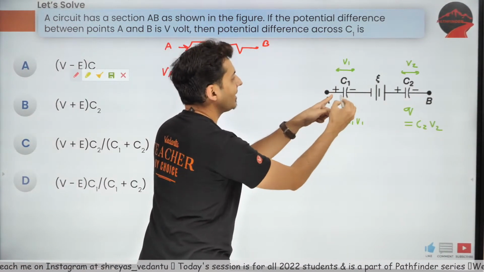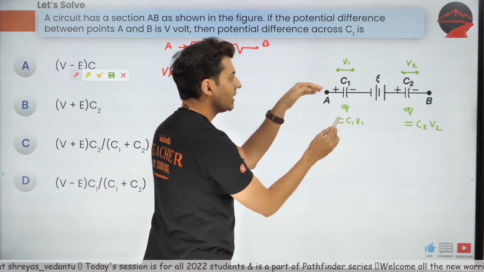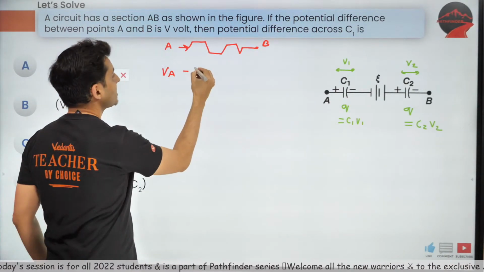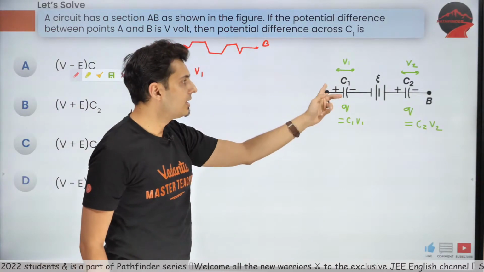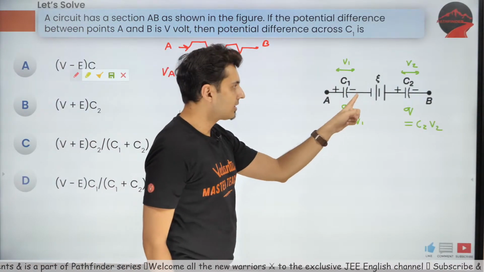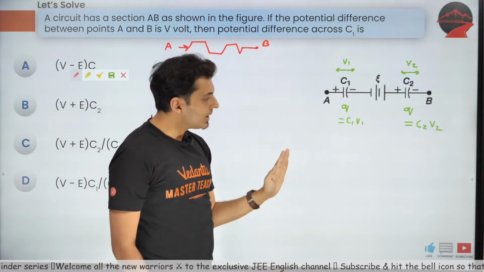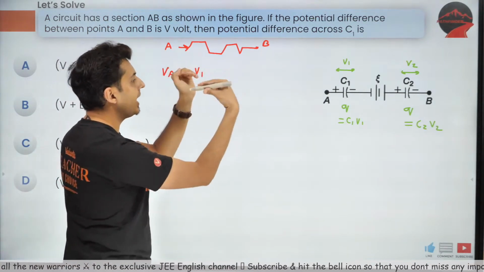The first thing you encounter is a capacitor. You are going from positive to negative, high to low. That means there is a drop of how much? V1. I hope this makes sense. You're dropping the voltage by V1 volts. Next, you are getting a battery. You are going from negative to positive. That means you are increasing the voltage, going to a higher voltage.